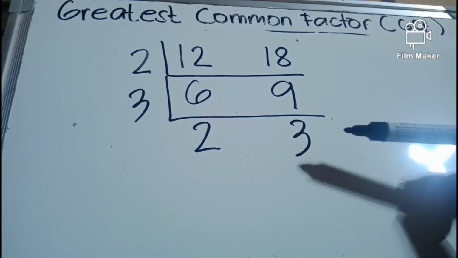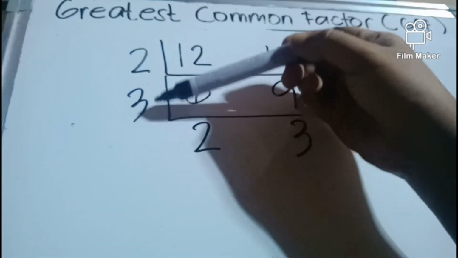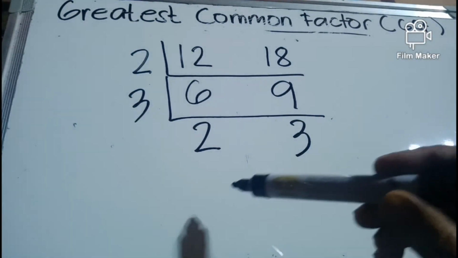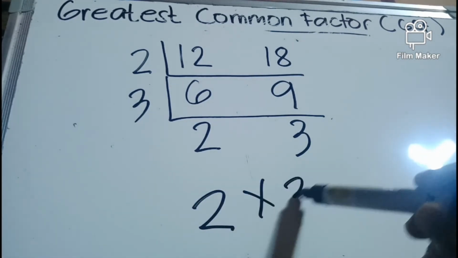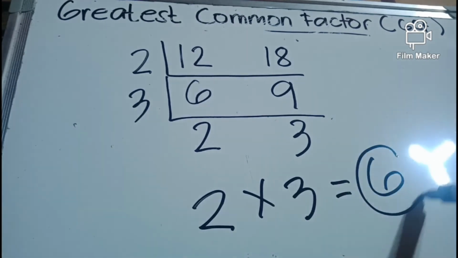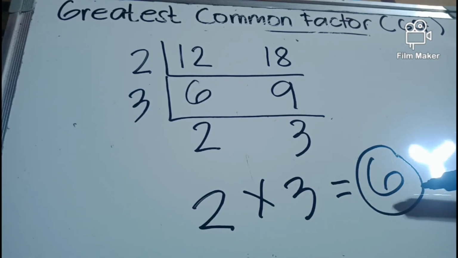So, yung ating prime divisors ay kailangan nating i-multiply para mahanap natin ang GCF. So, we have here 2 times 3 is equals to 6. Our GCF is 6. So, number 6 is the greatest common factor of the numbers 12 and 18.